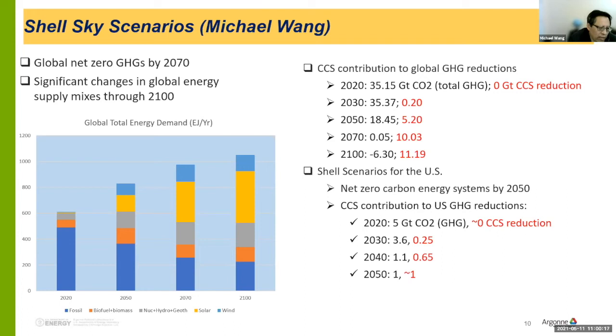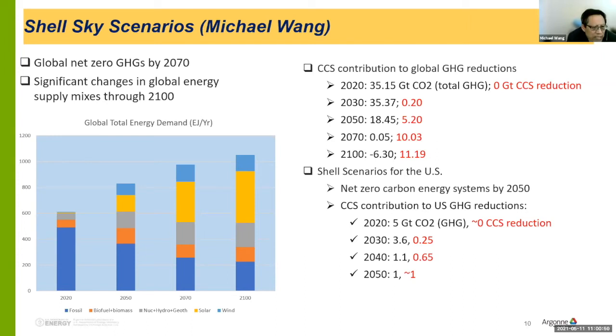On the other hand, the solar energy will increase its share significantly. That's the yellow bar in the middle. The other near-zero or zero carbon energy supply sources such as nuclear, hydro, geothermal, biofuel, biomass, and wind will step in to play important roles to displace fossil energy use.